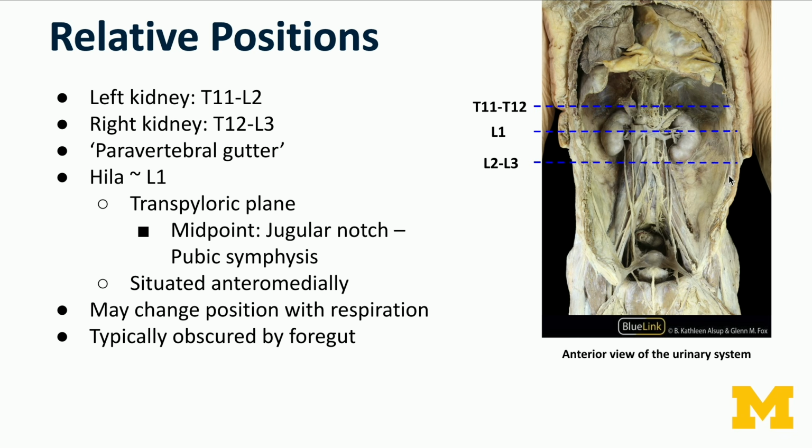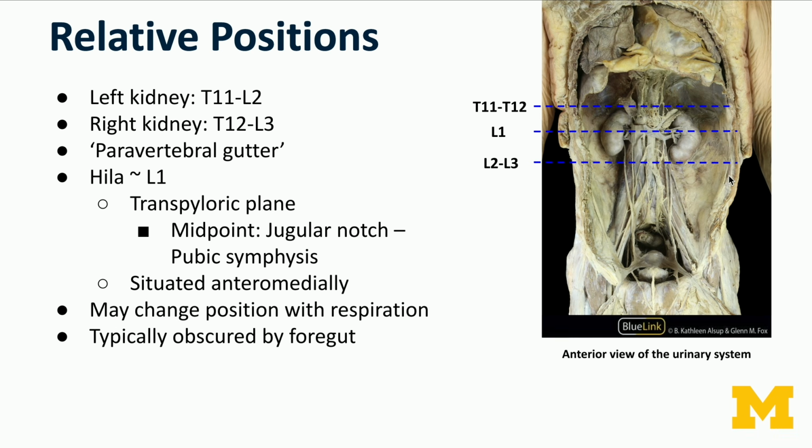We have this notion that the hilum of the kidney is facing perfectly medially, but in fact, the hila are anteromedial, so slightly anterior and slightly medial. That's a consequence of sitting in this paravertebral gutter.